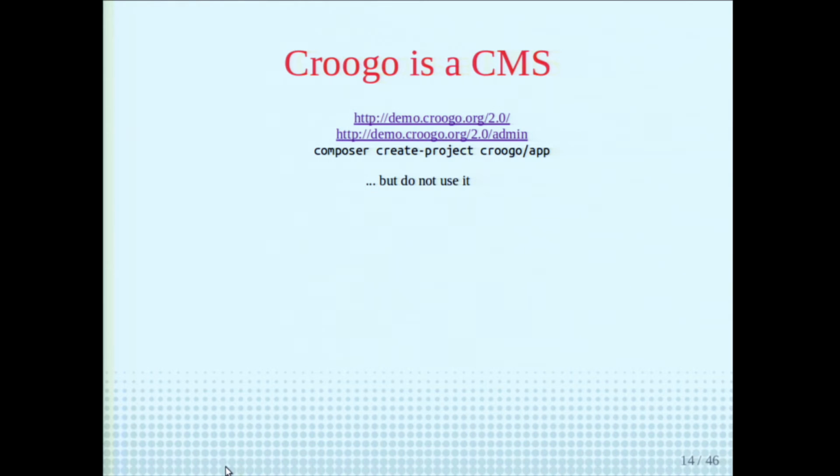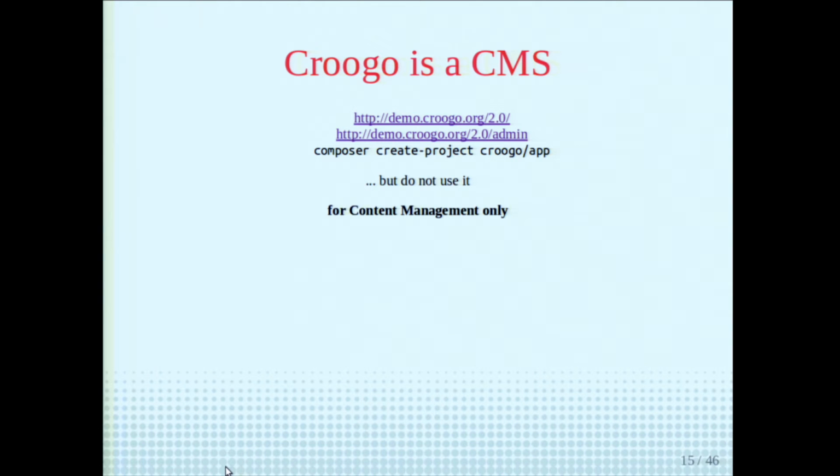I would say you should not use it if you just want to use a CMS. I mean, there are like 100 or more CMS out there that do a really great job for that. I mean, WordPress has a huge community. The admin interface is really good to manage content. Croogo is still a small project, and you won't find that many things.